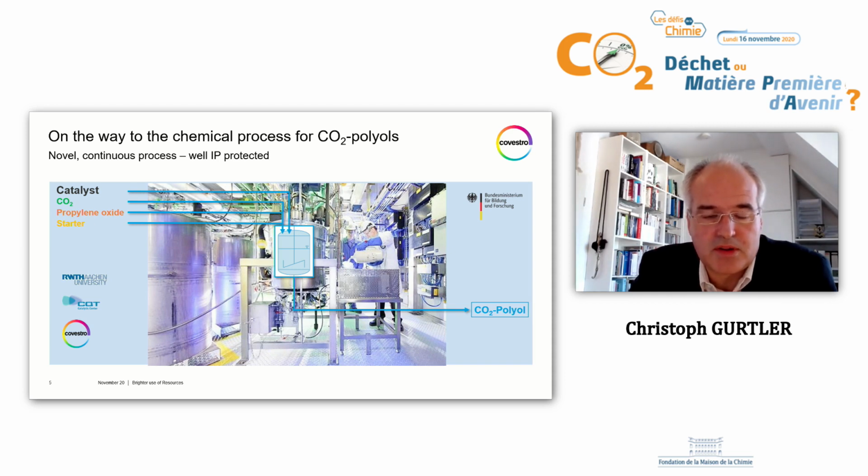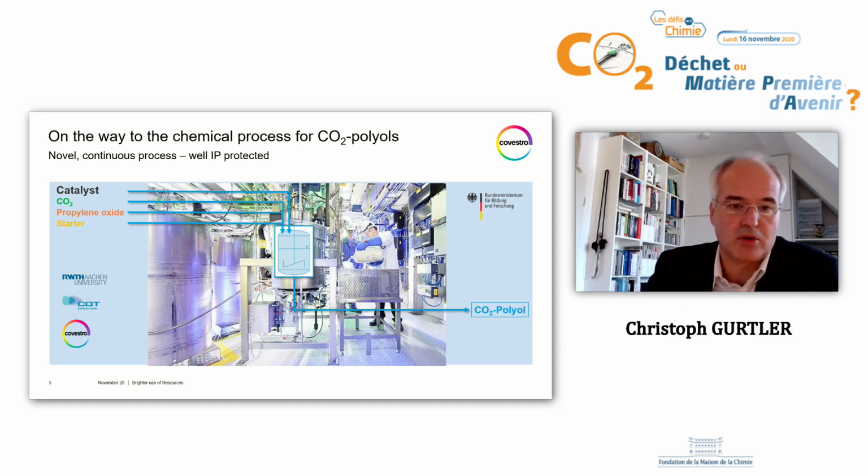What looks very simple is high-tech chemistry and high-tech catalysis, and we let the low energy CO2 react with propylene oxide, a high energy molecule, to finally yield the respective polyol.